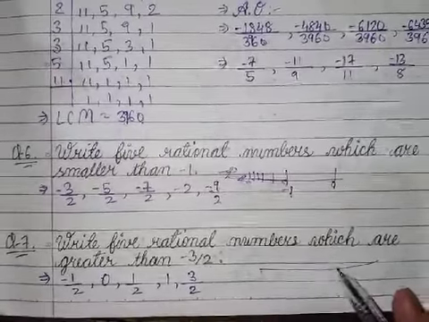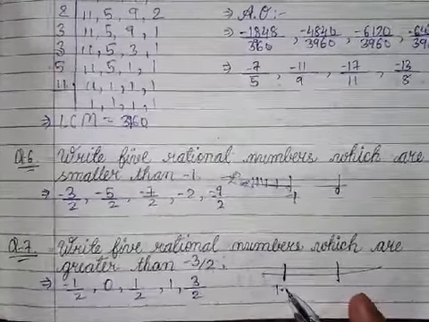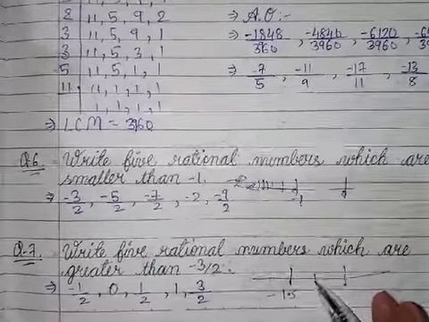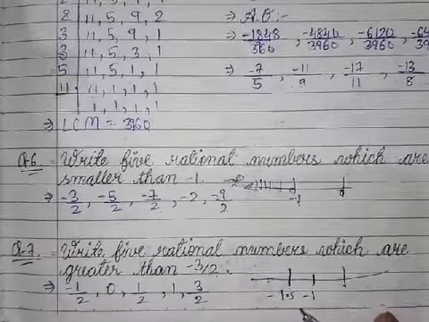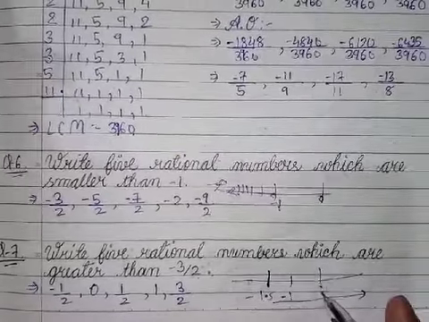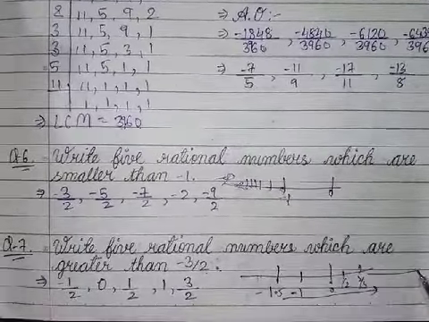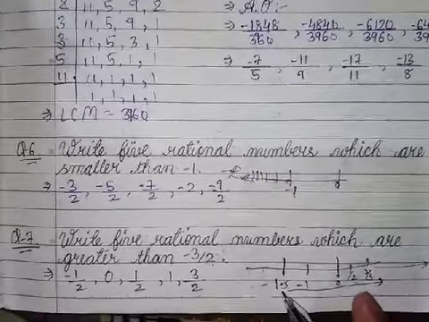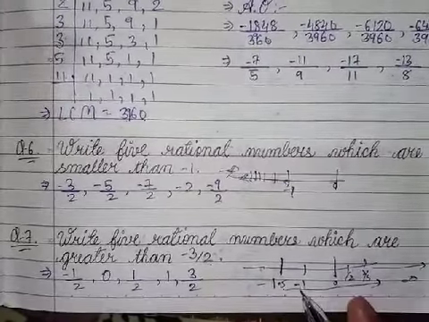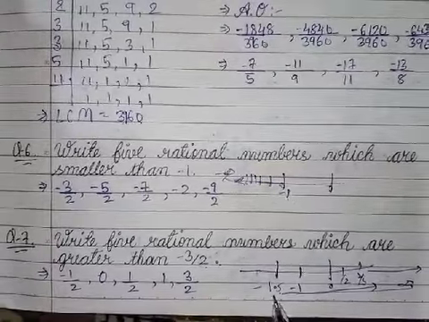Greater than minus 1.5, it comes here, and minus 1 is here. All these numbers, you can write positive numbers also, including 0, 1 by 2, 2 by 3, whatever number from here, excluding minus 1.5, to infinity. Any number of fractions you can write will always be greater than minus 1.5.